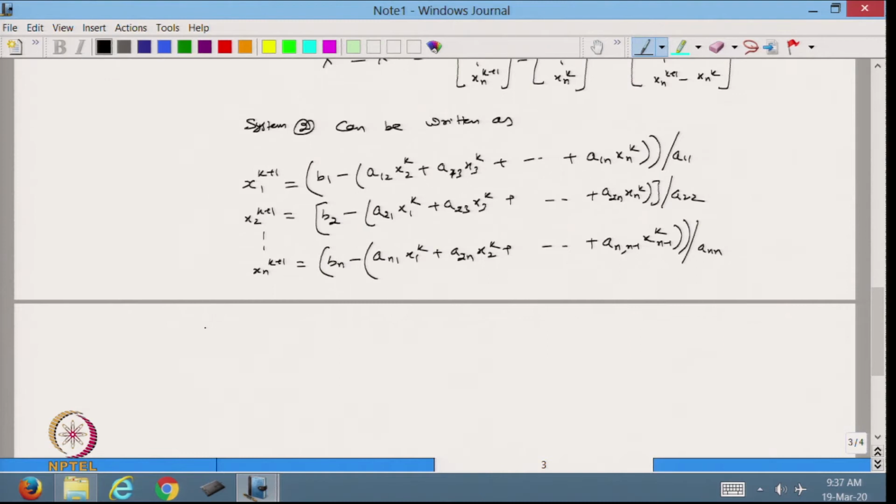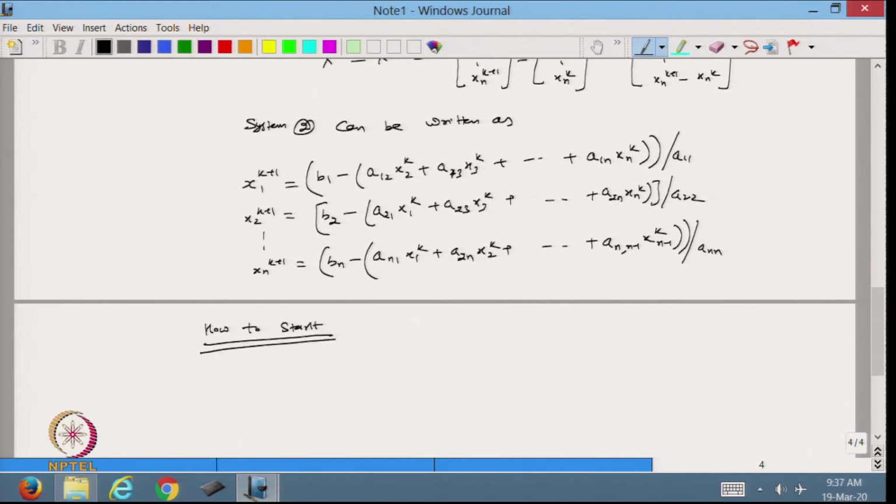Now, how to start? How to start means first I will choose, we start with an initial approximation. In this case I will start with X0, which means x1(0), x2(0), up to xn(0).